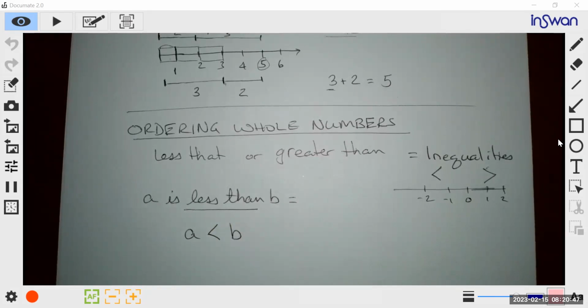Now, how do we prove that one number is less than another number? It's got to be done mathematically.